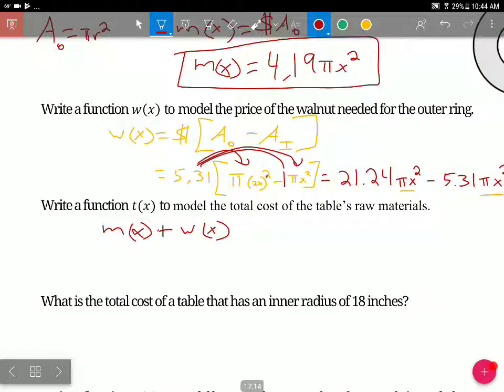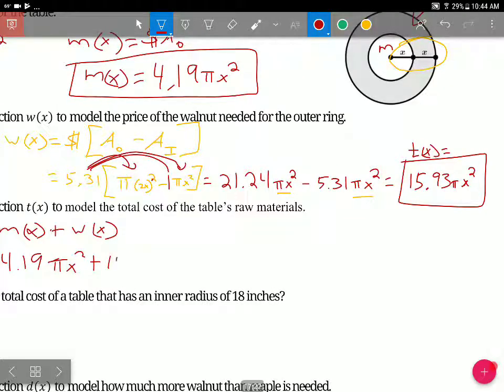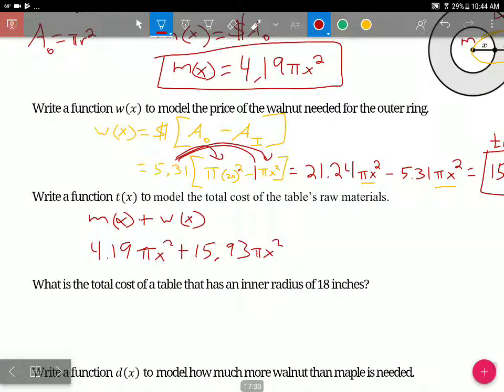So we have $4.19 pi x squared for the first one, and what is it? 15.93 pi x squared for the other one. So add them up. What's 4.19 plus 15.93? It's like $20.12, something like that.